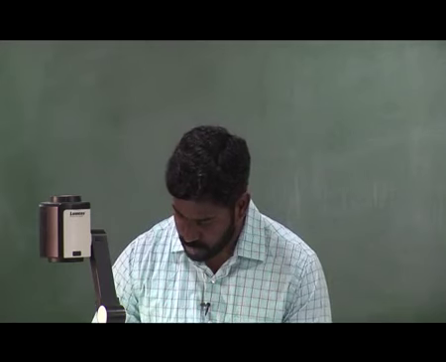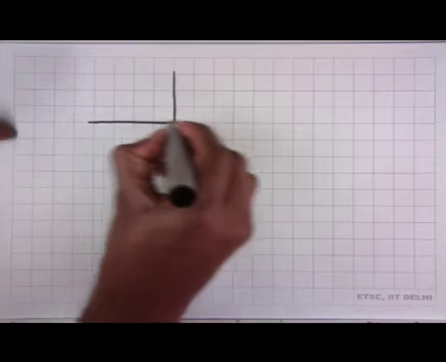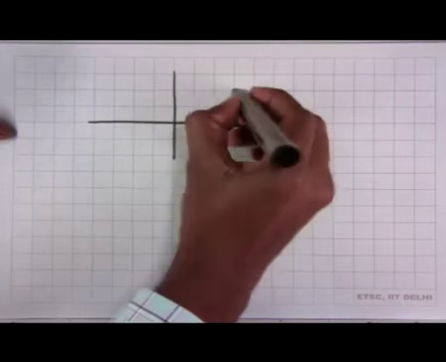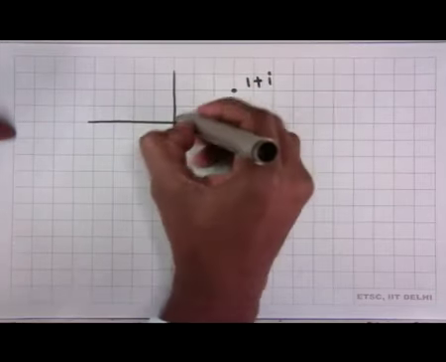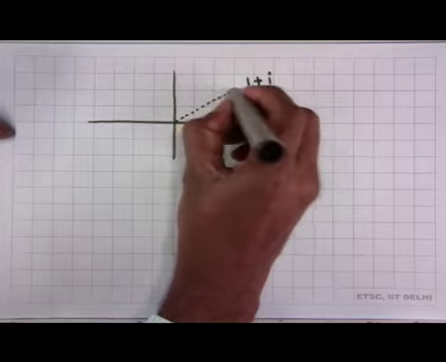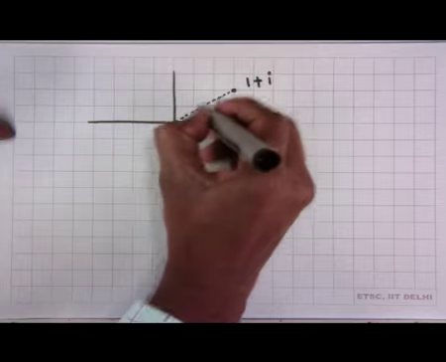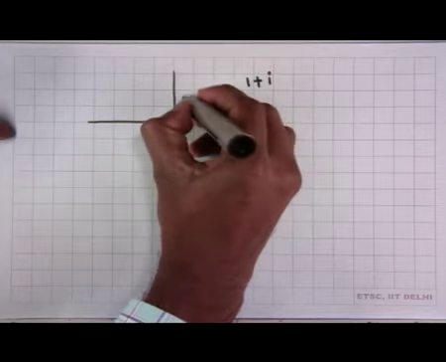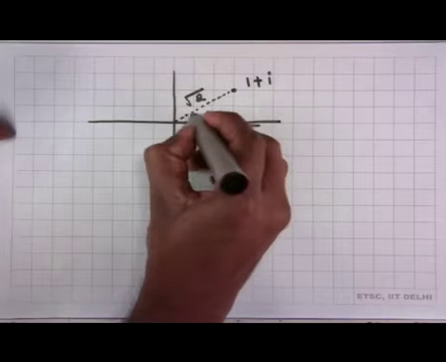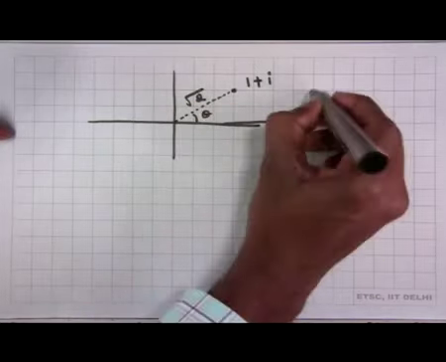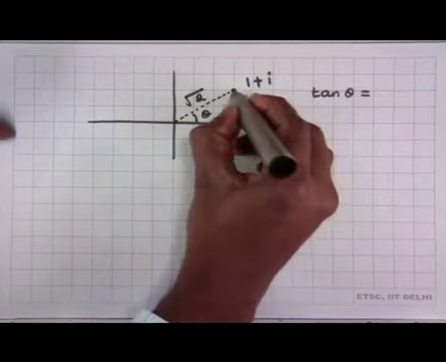Suppose I start with, let us say, the point 1 plus i. Let us calculate the angle and distance. The distance is square root of 1 plus 1, which is root 2, and theta by the relation tan theta equals y by x.